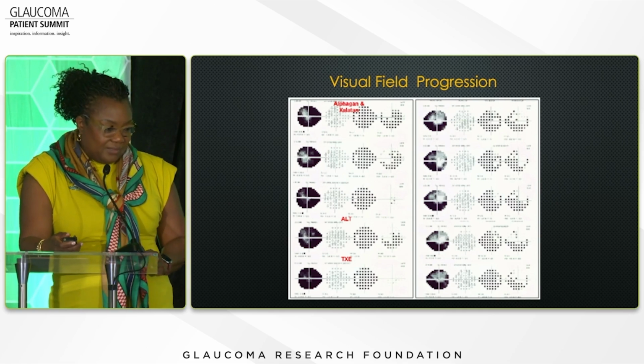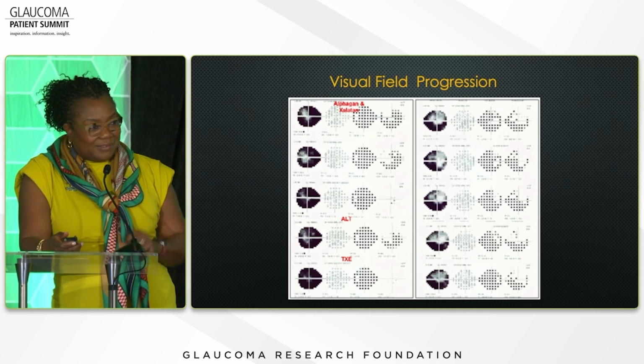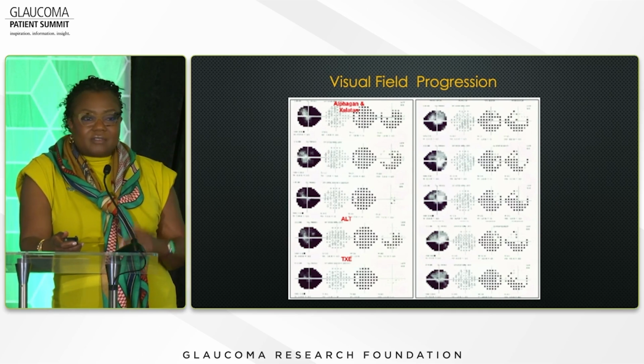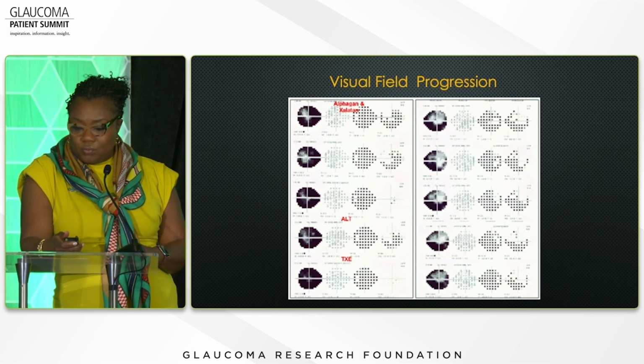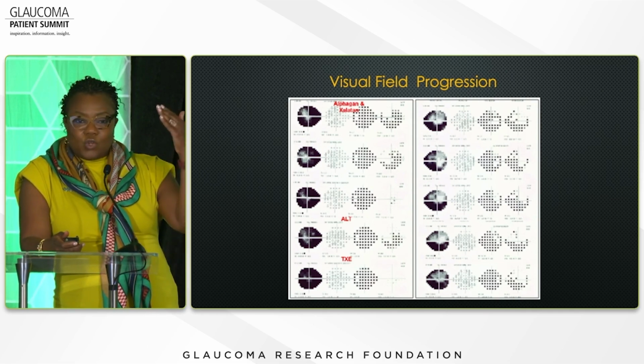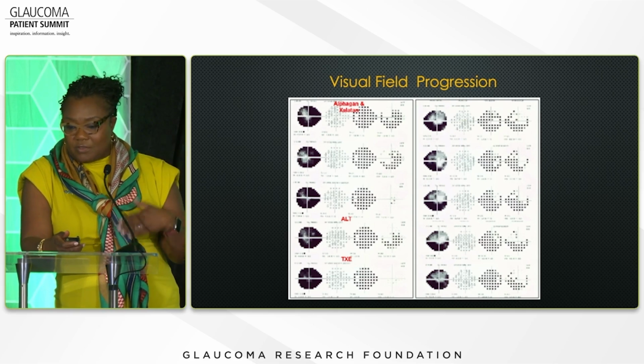With glaucoma, these are visual fields. This is actually Dr. Feldman's slide. He might recognize it. It shows how over time, sometimes despite the best things that we do, and this is kind of an older slide, as you look from the top to the bottom, it's the same patient, one eye versus the other eye.